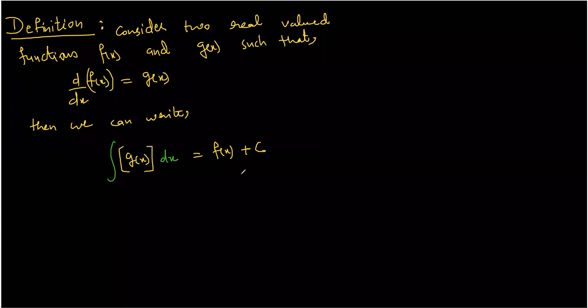Then I hope you have written this. Now using this definition, we are going to write some important results, and these important results you will all copy as I go ahead. So I write here some important results.